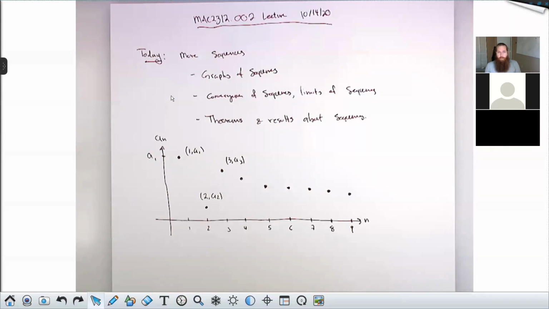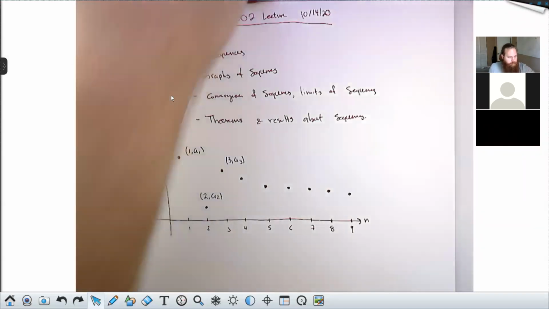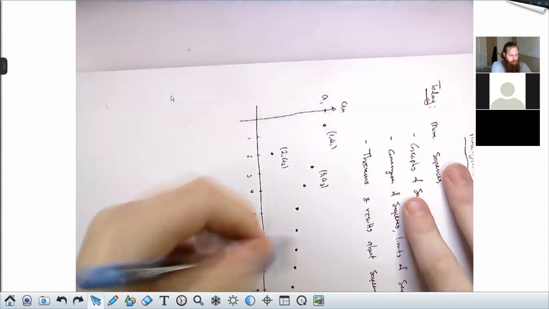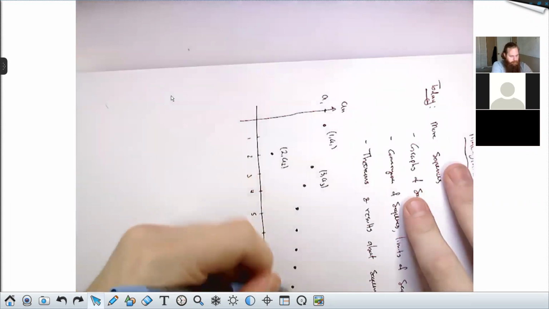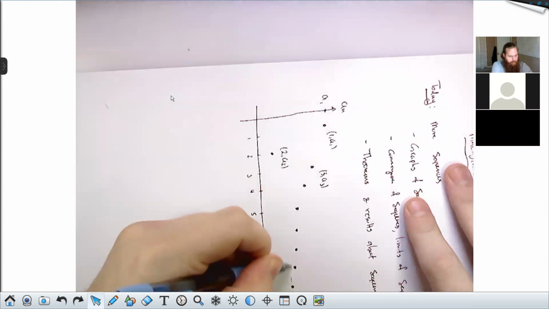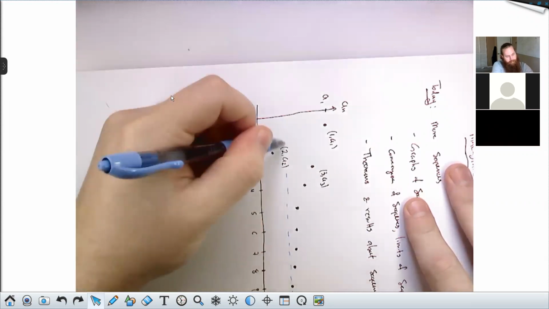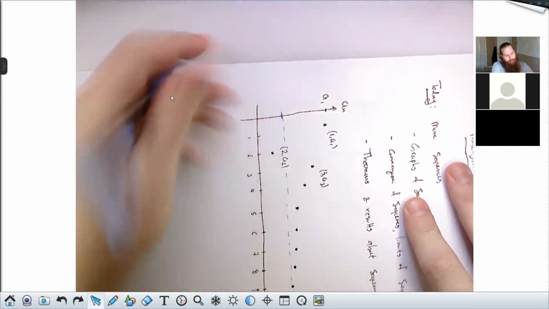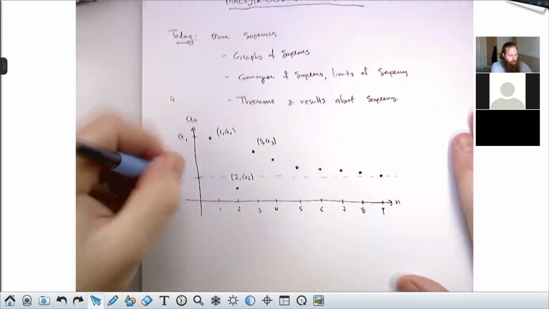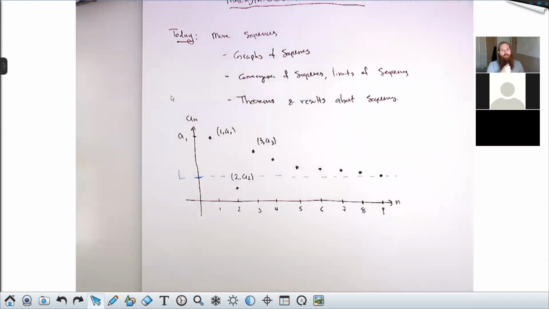There's one calculus operation you can still do. And that's take limits at infinity.